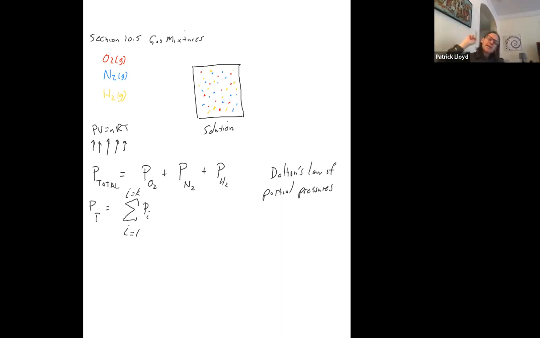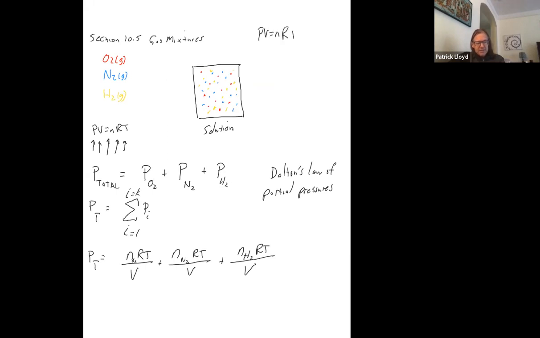Now, keep in mind that we have the ideal gas law. And so what I could do then is I could now say the total pressure, T for total, is n_O2 RT over V for the O2 plus n_N2 RT over V plus n_H2 RT over V. All I'm doing there is I'm substituting in PV equals nRT.